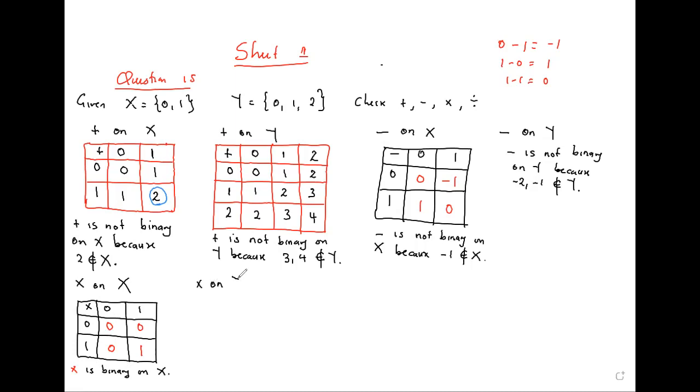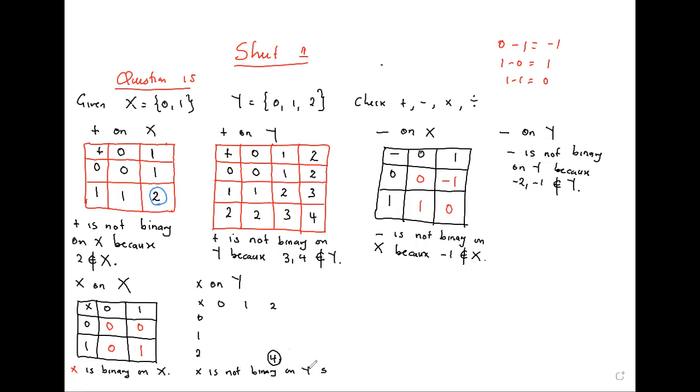Next. Multiplication on Y, we'll have multiplication 0, 1, 2 and 0, 1, 2. I don't need to do all of them. I'll just go to 2 times 2, which is 4. Then I'll say multiplication is not binary.